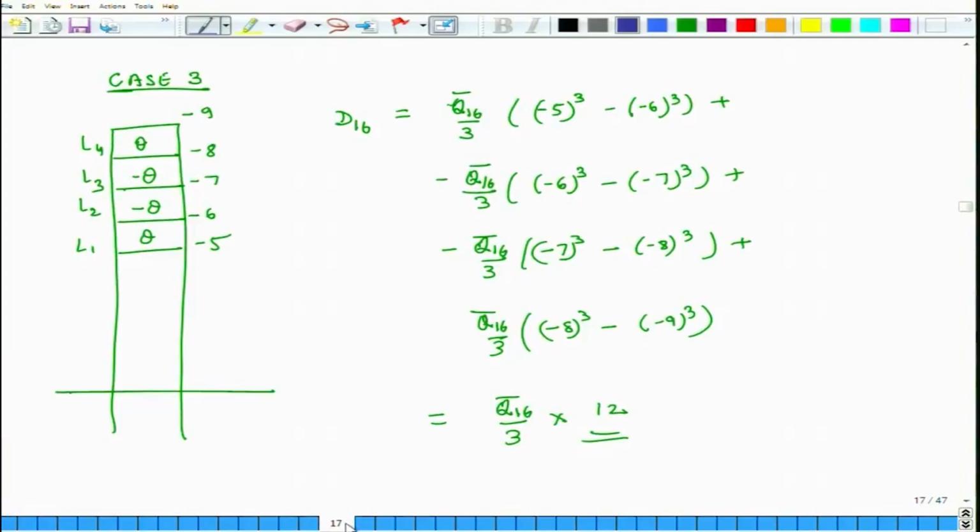In this case we have a 9 cube term and we have an 8 cube term, so that gets reduced, but then here we have a 8 cube term which is of opposite sign and that is getting reduced by a 7 cube term. So, this total may be a positive number, this total may be a negative number.